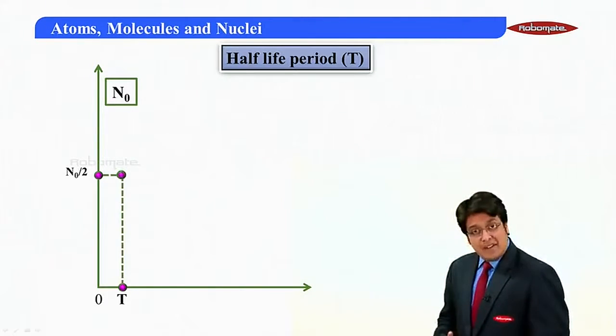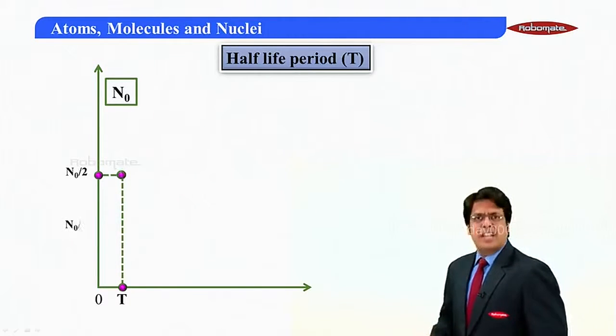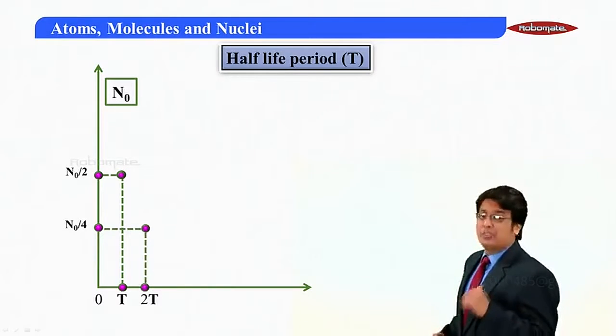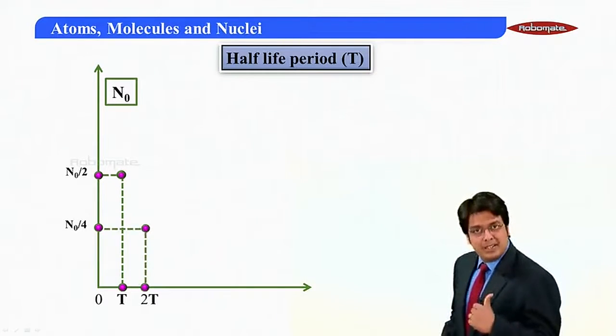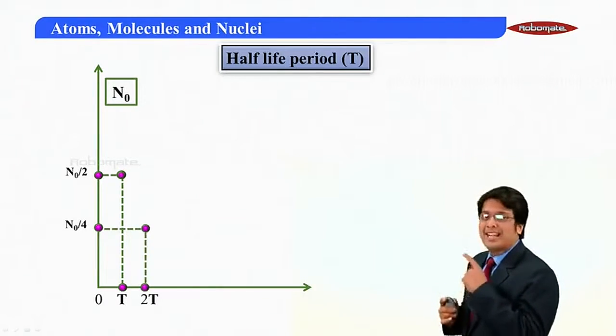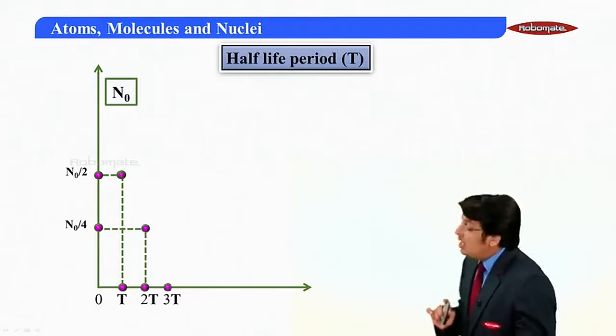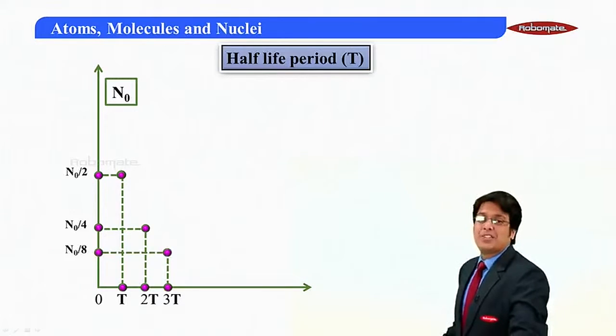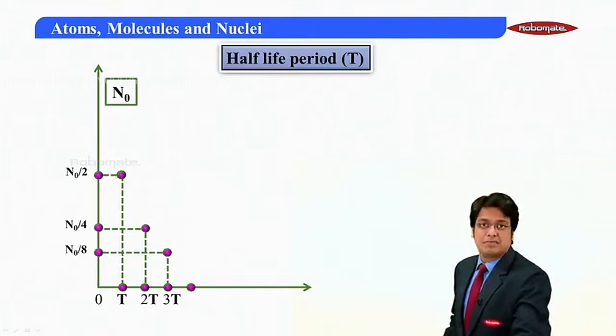After the second half-life, let's say it takes place after 10 days or 1 day or 10 years, half of N0 by 2, that is N0 by 4, will be remaining. So I will join these two points. At the third half-life, half of N0 by 4, that is N0 by 8.